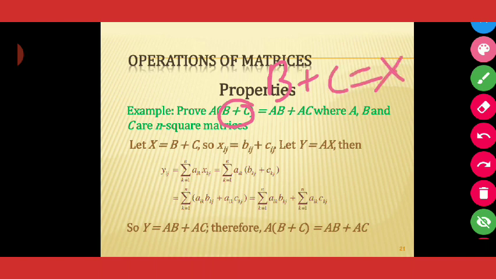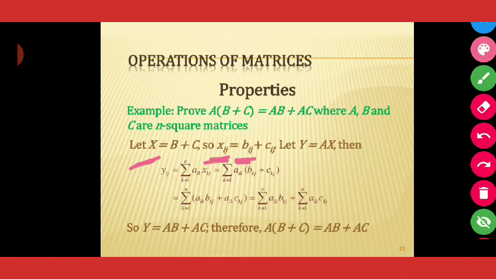And what types of elements does X include? X includes the elements of B, which are written as Bij, and elements of C, written as Cij, and an element of X can be written in the form Xij = Bij + Cij.